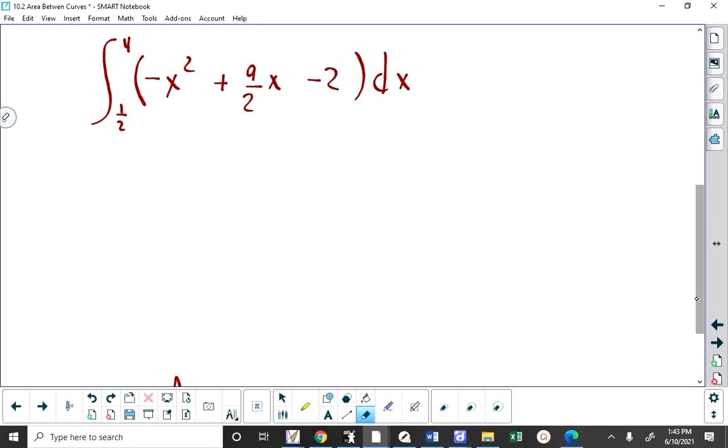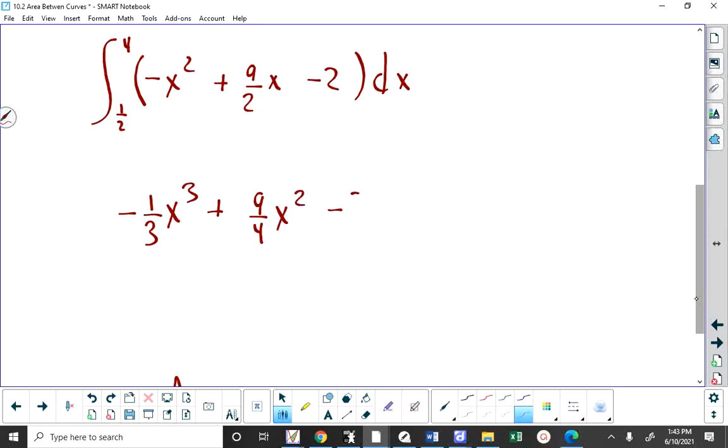That's it. We're not going to have something minus something minus something minus something. We're going to have negative 1/3 x cubed plus 9/4 x squared minus 2x from 1/2 to 4. And I hope you see that that's going to be an easier calculation.